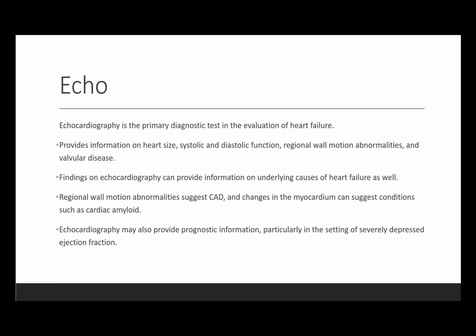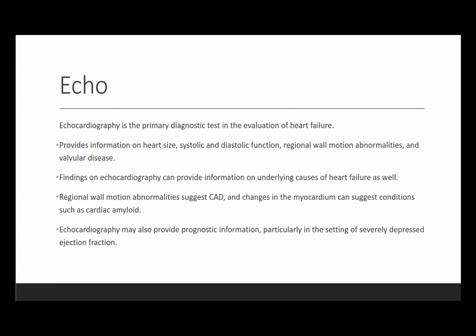So whenever we do an echo in the hospital, you're first doing it for diagnostic purposes, right? You want to look at if there's diastolic dysfunction, what the EF is. It provides information about the actual beating of the heart, if there's any regional wall motion abnormality. It also can give you a suggestive idea of the cause of the heart failure.